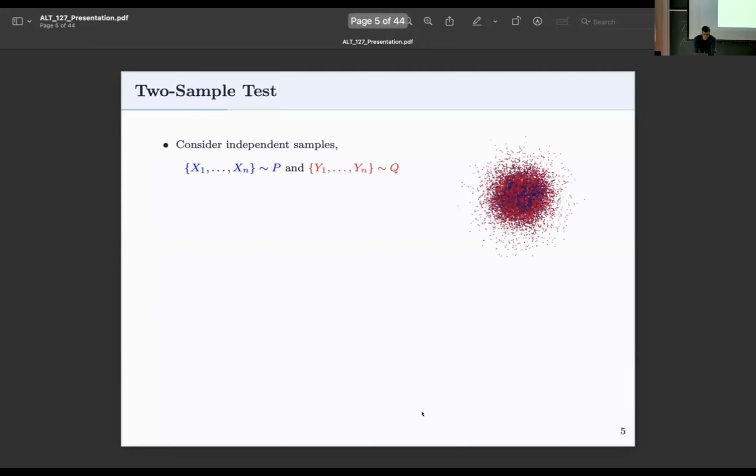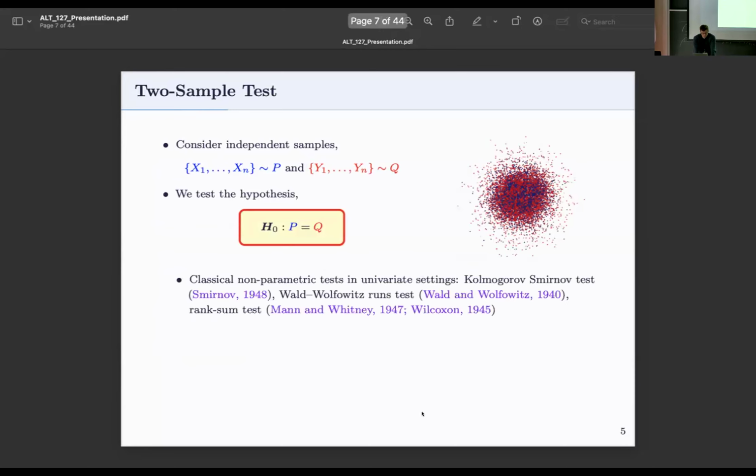First things first, let me refresh the classical two-sample test, where we consider independent samples from P and Q, and we would like to test the null hypothesis that P equals Q. There exist many different alternatives to conduct such a test. We have classical non-parametric tests such as Kolmogorov-Smirnov, Mann-Whitney, Wilcoxon, and so on.